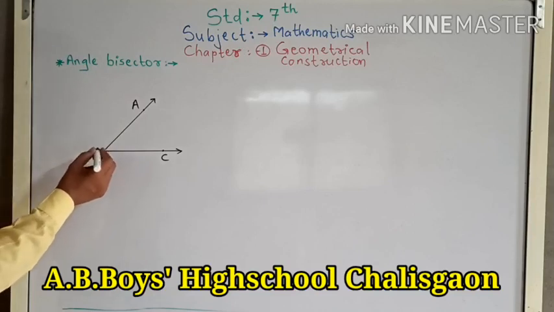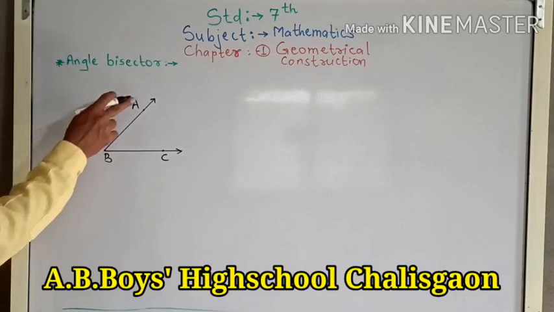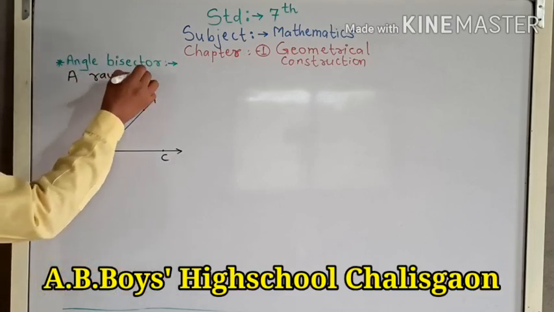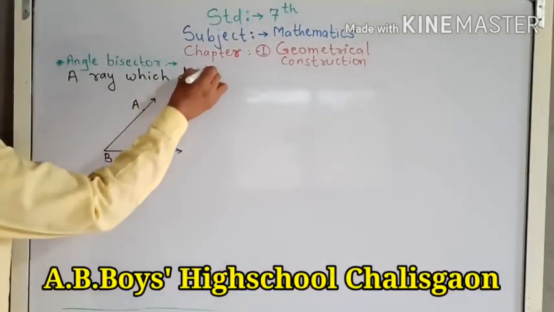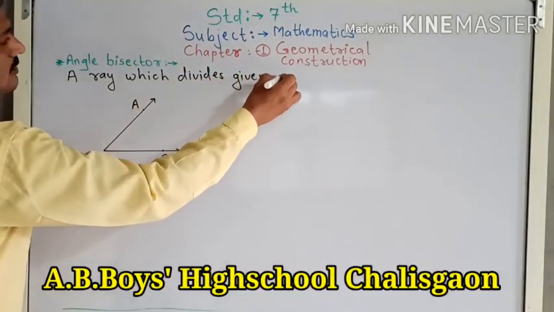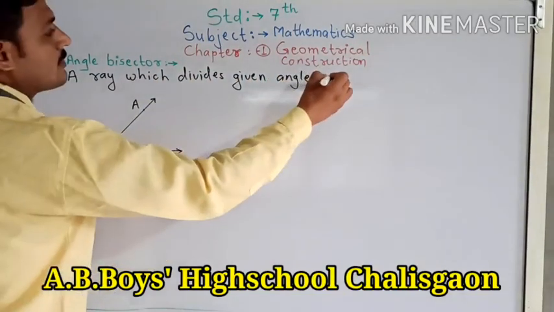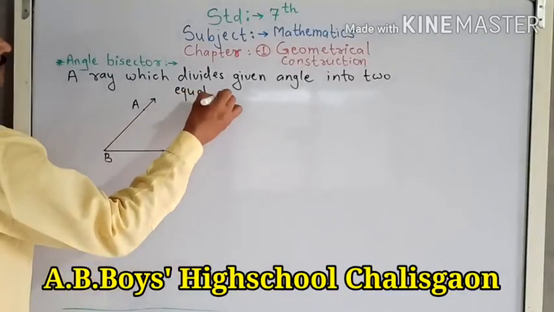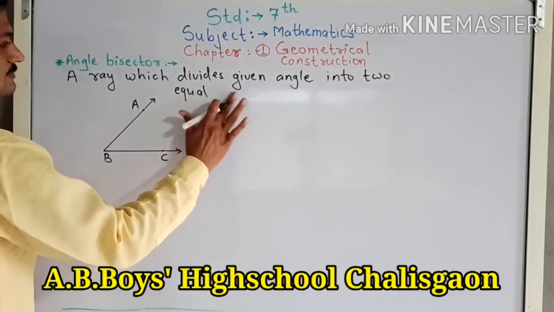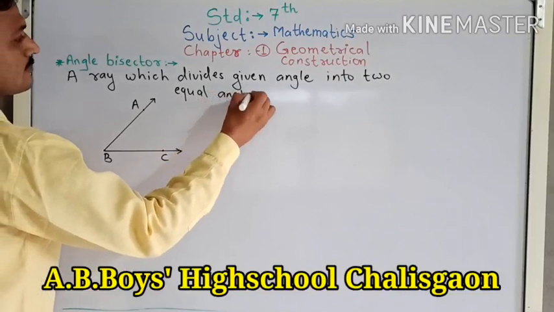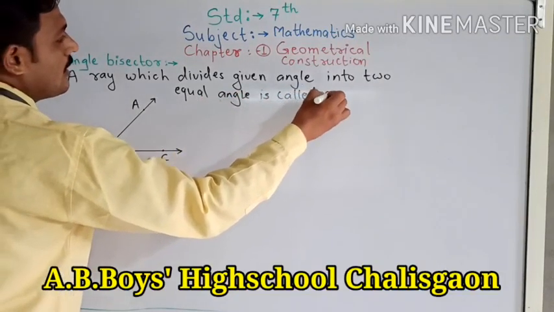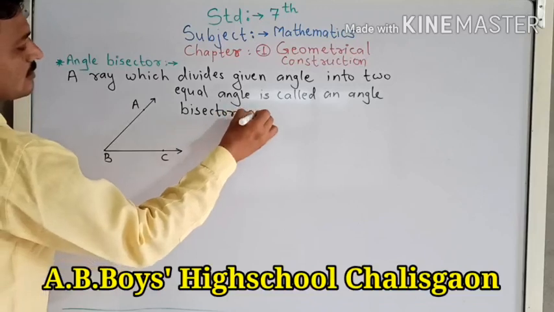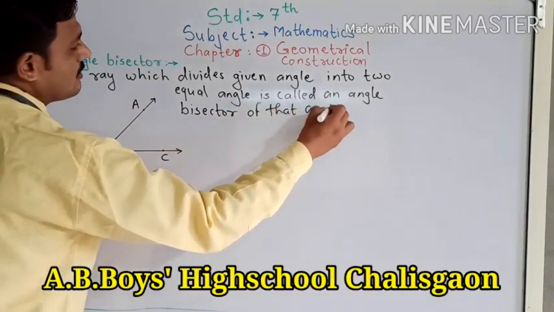Now a ray which divides the given angle into two equal parts, meaning equal angles, is called an angle bisector of that angle.